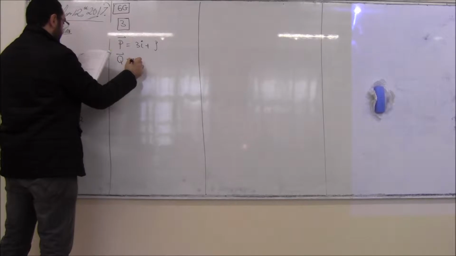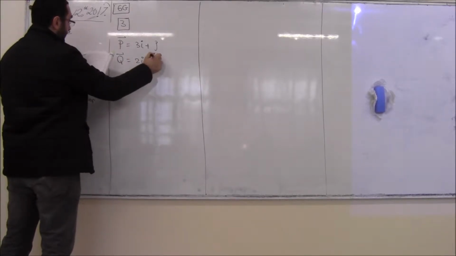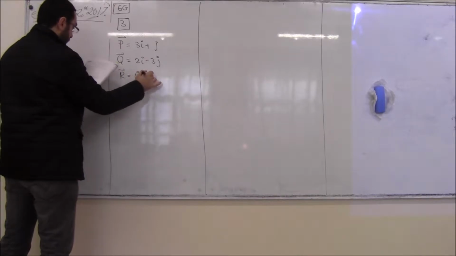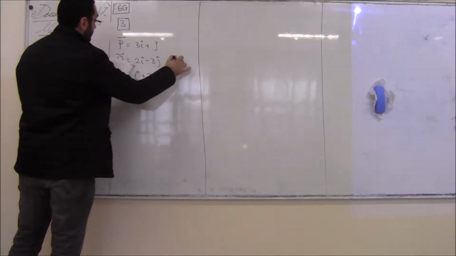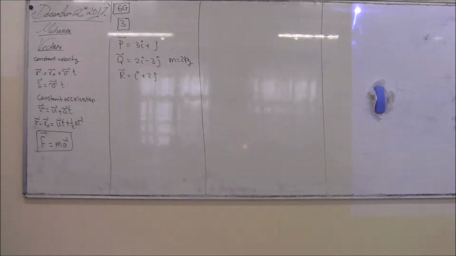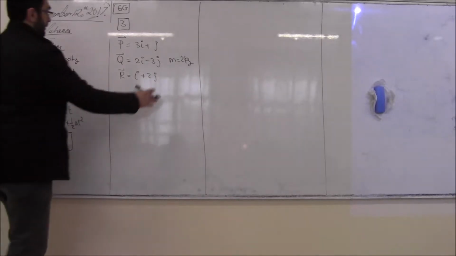Force Q is 2i minus 3j. Force R is i plus 2j. Also the mass is 2, whatever the unit, kilograms. And we are asked about the acceleration.